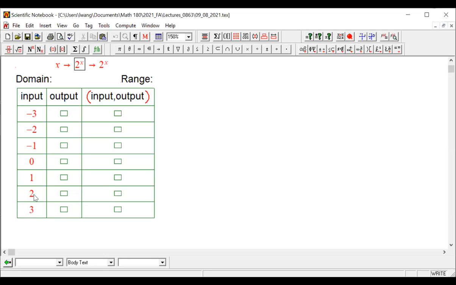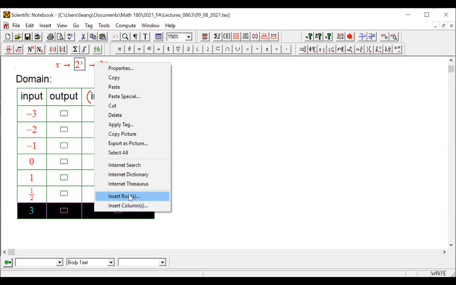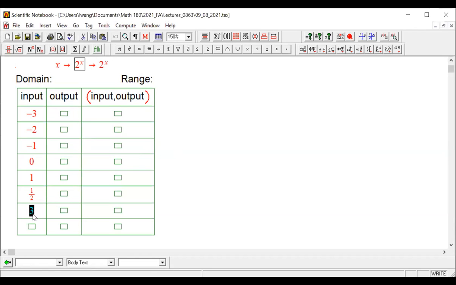Okay, I'm going to give you a half, just for the fun of it, so you know that it can be a fraction or a decimal. And just put them in a proper order from smaller to larger.